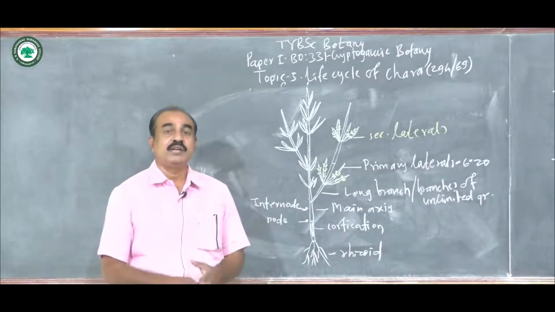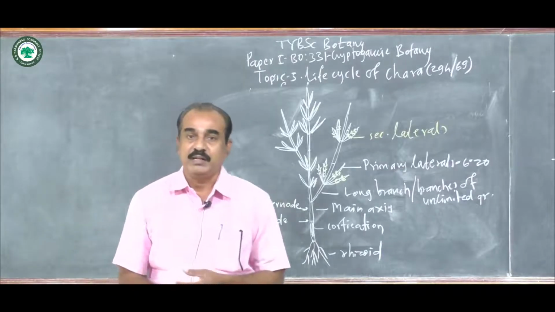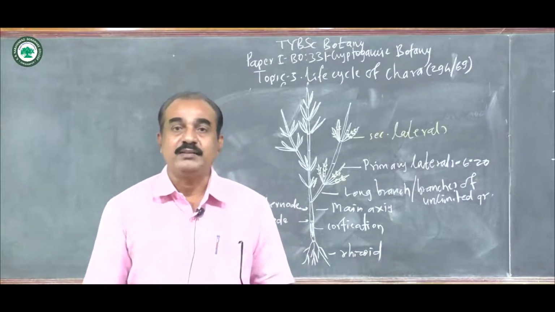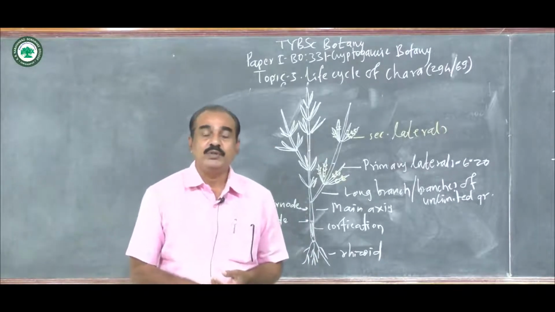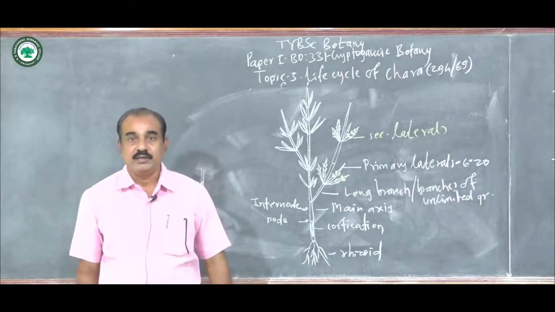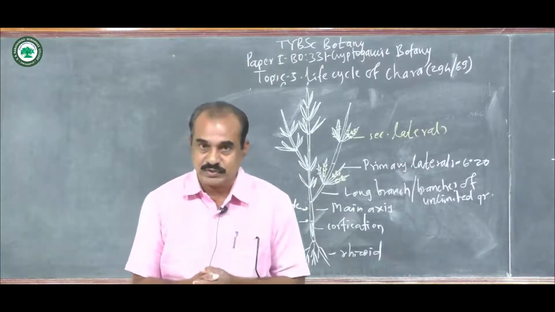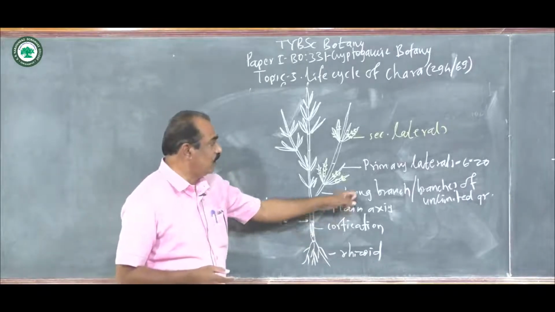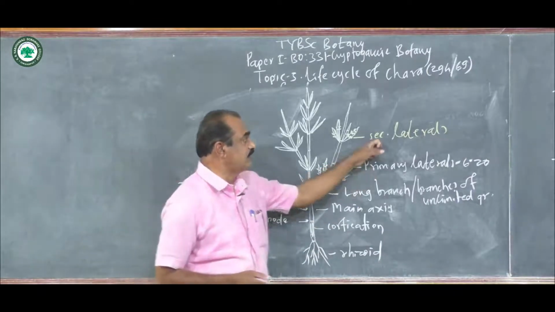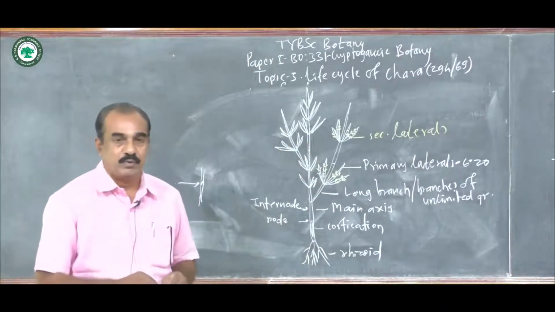Now there is another type of branch which develops on the nodal region of the primary lateral. These branches are called the secondary laterals. They also develop in a whorl on the nodal region of the primary lateral, and they are single celled. They are also called leaves. So these are the 3 different types of branches, that is the long branch, primary lateral and secondary lateral. The 4th type of branch is the stipulode.